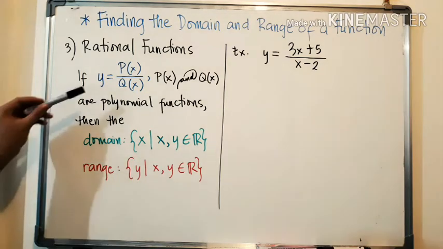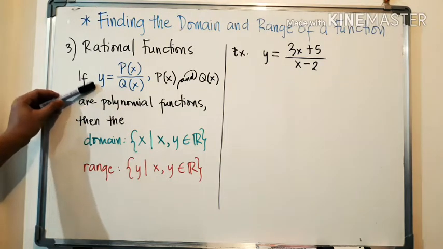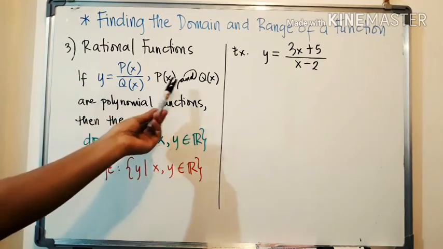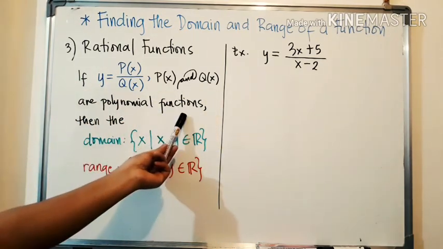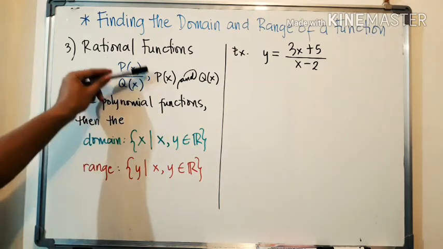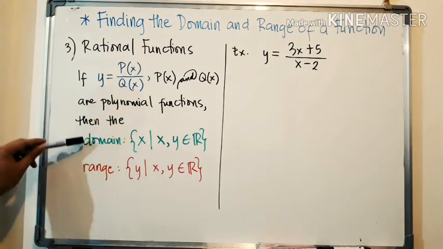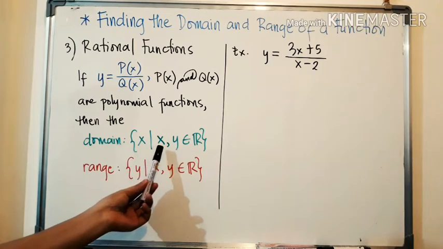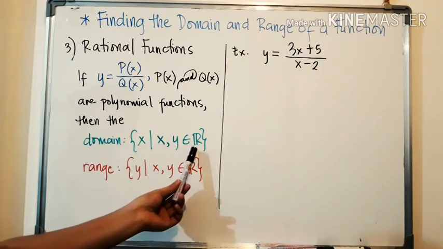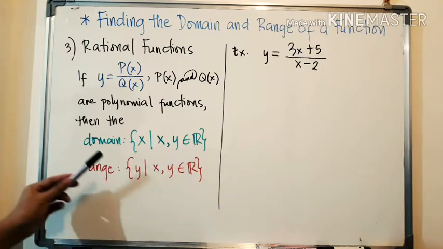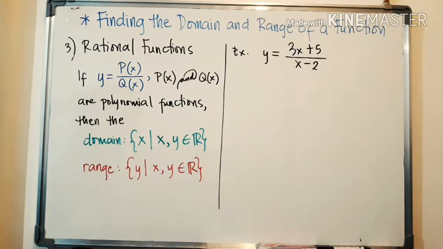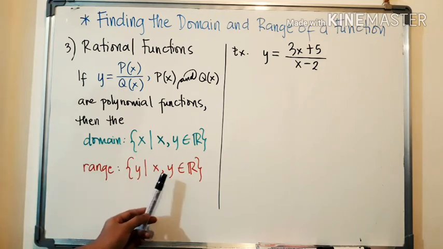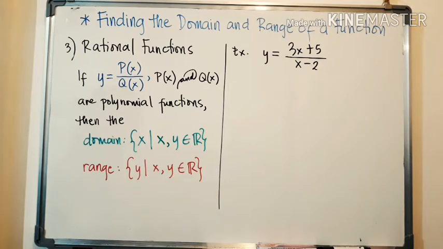So if y is the ratio of these two functions p of x and q of x, where p of x and q of x are polynomial functions, in short, this is a rational function, then the domain of a rational function is the set of all x such that x and y are in the real numbers, and the range is the set of all y's such that x and y are in the real numbers.